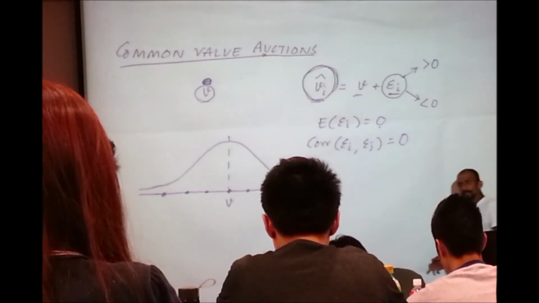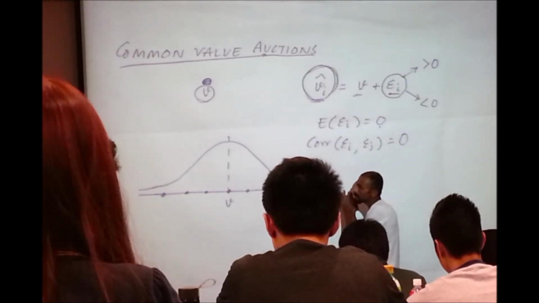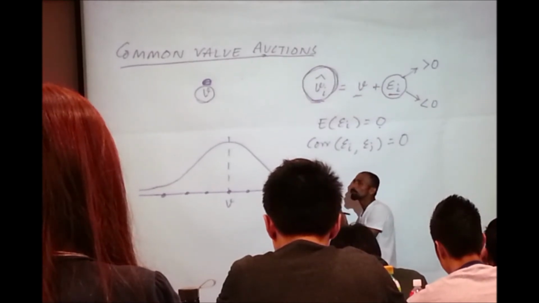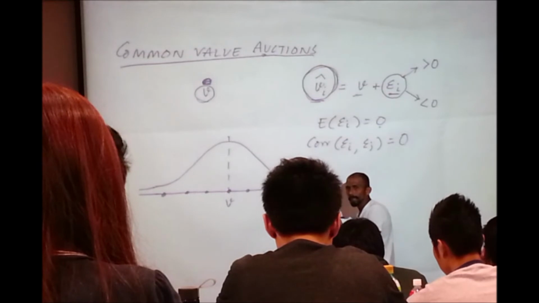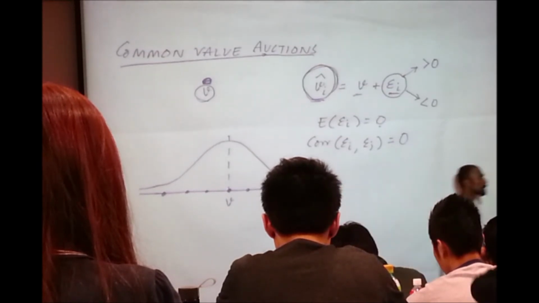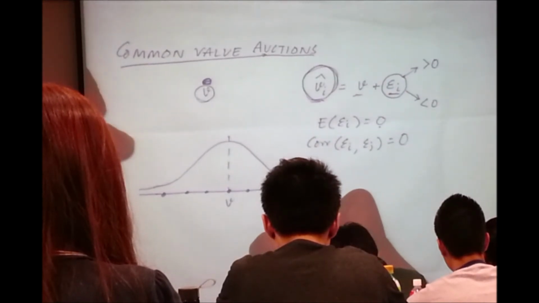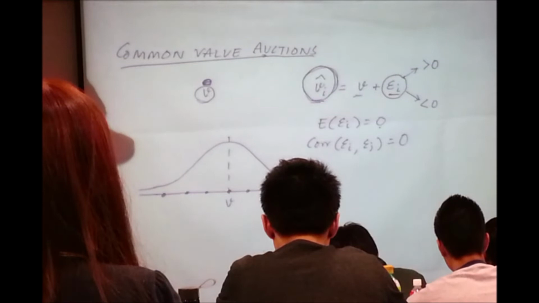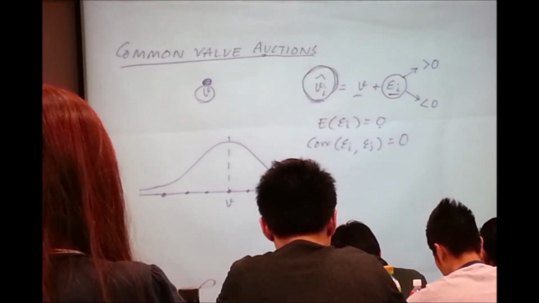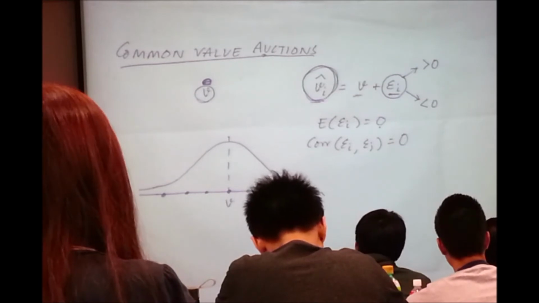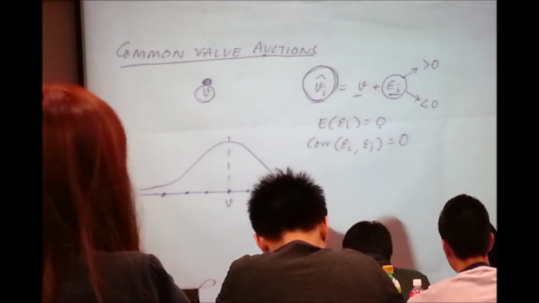If bidders participating in this common value auction bid equal to whatever they estimate the value to be, which of these guys will win the auction? The guy that will win the auction will be this guy. He has the highest estimate. So if he bids this amount, he will win the auction.